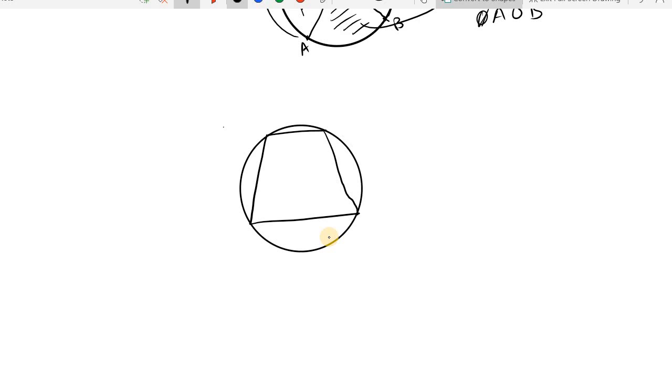Okay, so I have this as A, B, C, and D. So what is this? This is a quadrilateral that I have drawn inside a circle, and all the vertices of the quadrilateral are touching the circle. So ABCD is a quadrilateral. Now this kind of quadrilateral where every point touches a circle, this is called a cyclic quadrilateral.